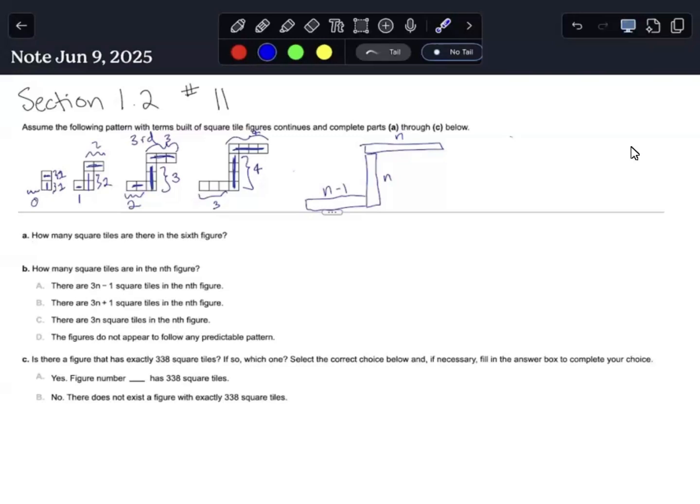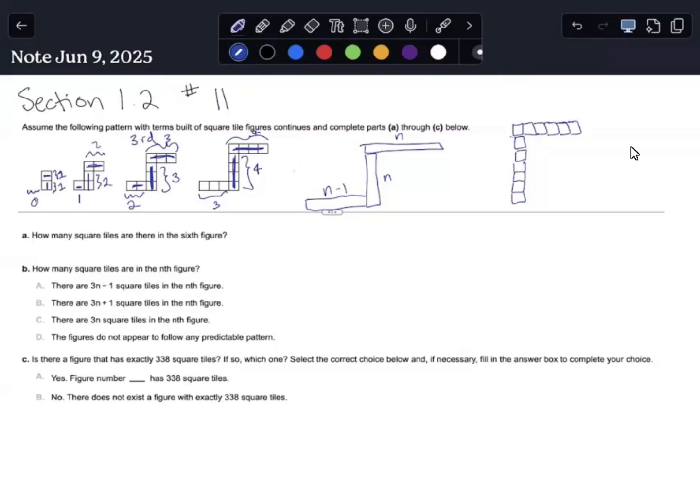So if I wanted to figure out the 6th figure, which is question A, I might draw 1, 2, 3, 4, 5, 6. And then on the top, I would say 1, 2, 3, 4, 5, 6.